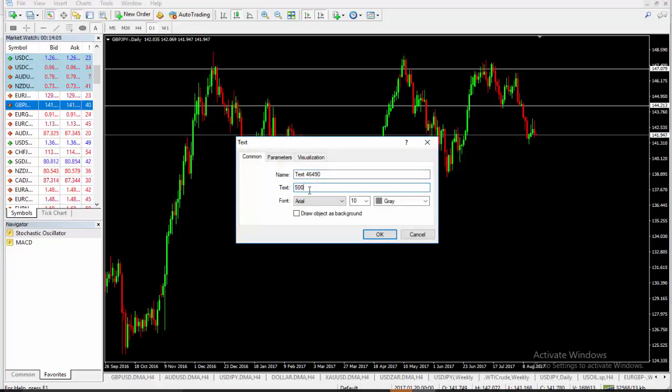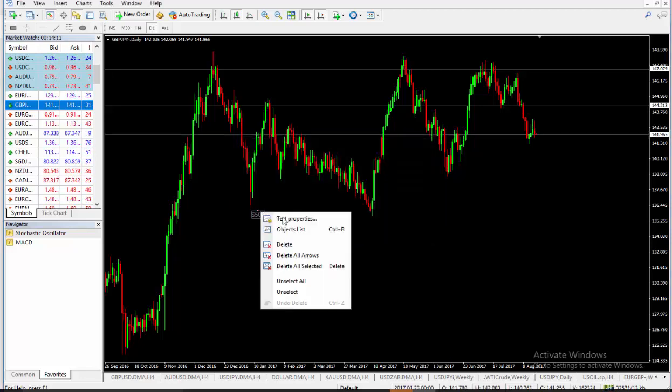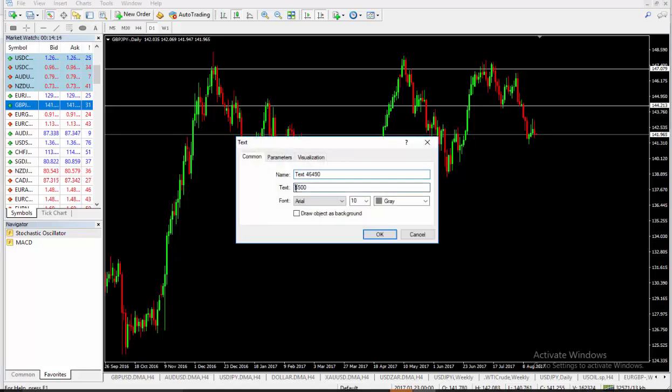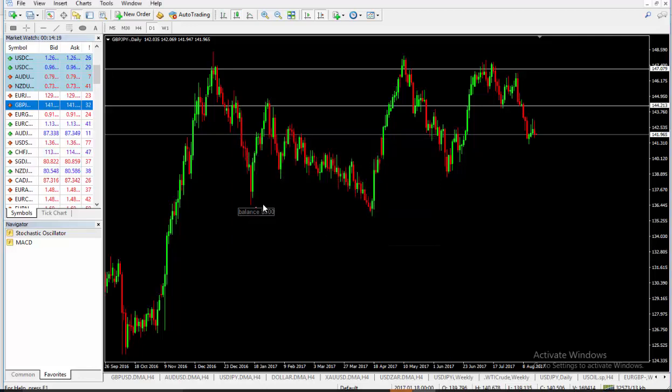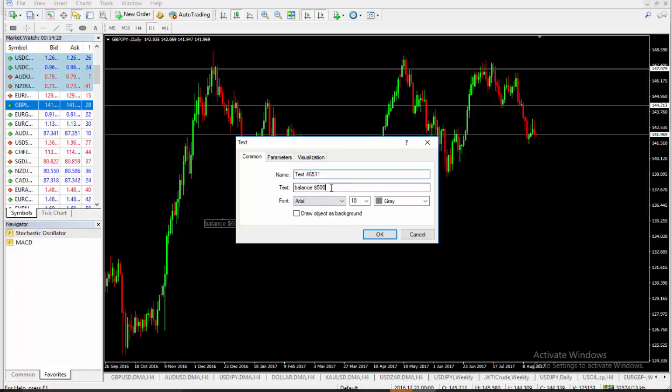First of all, we know our balance is $500, right? Now step 1 is to determine our risk. We did that before. We're risking 2%, which is about $10. So 2% of $500 is $10.